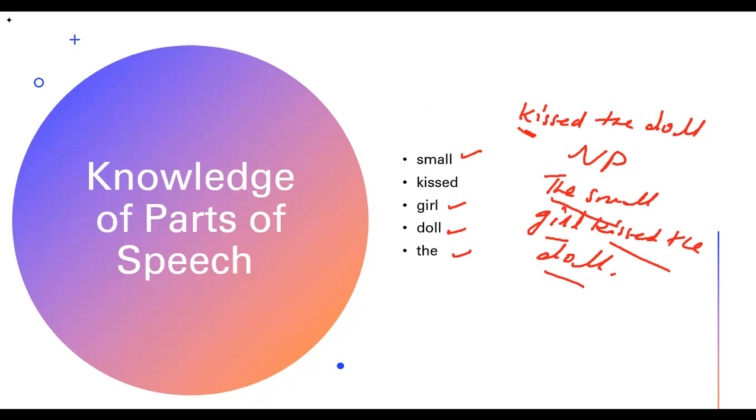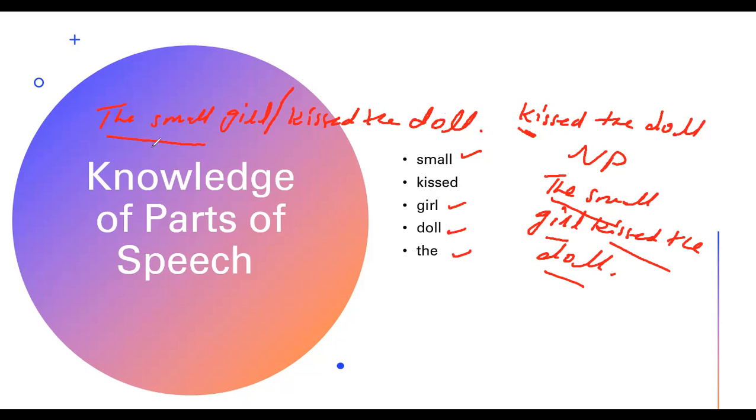So we can divide a sentence into two broad categories: the small girl, kissed the doll. Now I can break this sentence from here.